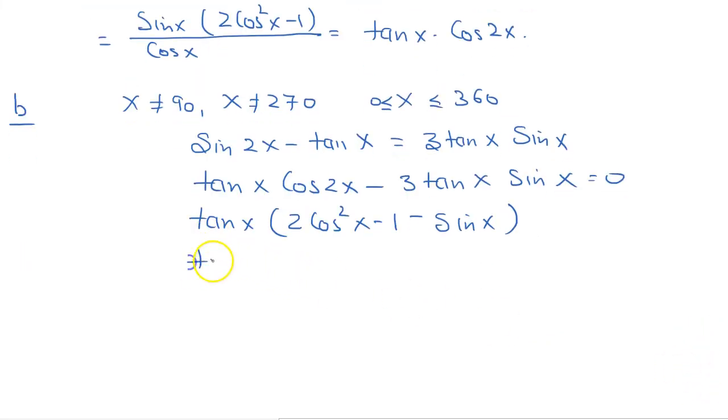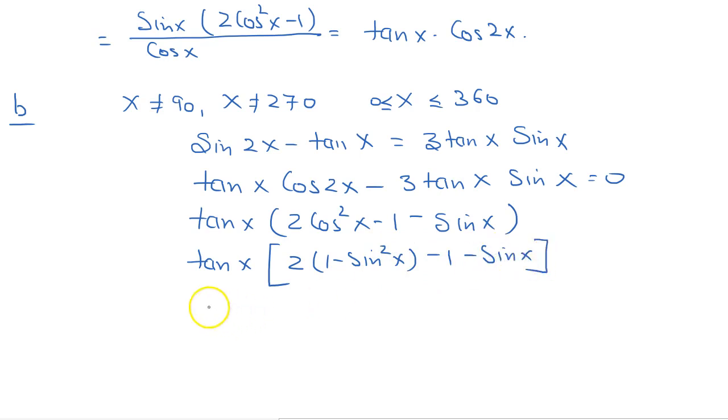So this is tan x times, cos squared is 1 minus sin squared x, so 2 minus 2 sin squared x minus 1 minus 3 sin x.